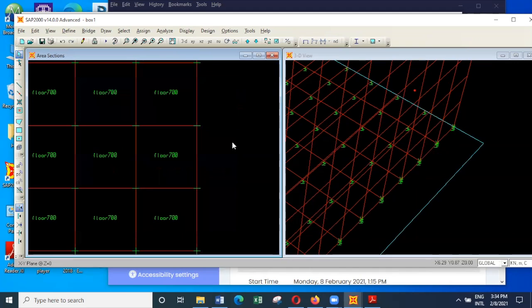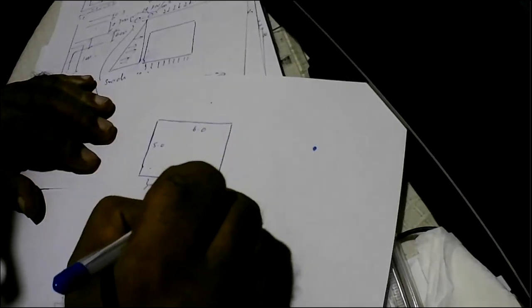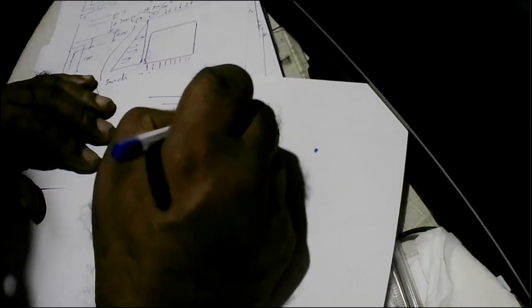So basically if we do a few simple calculations, the size of the box culvert is 5 meters of height, 6 meters of width, supported on springs, and then having a road with 0.7 meters of soil fill and 0.3 meters of flexible pavement.